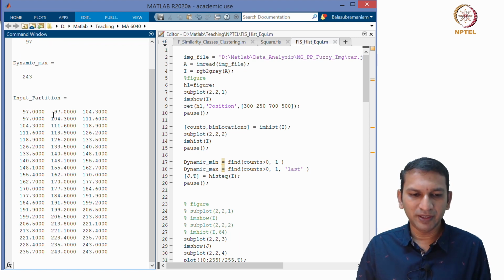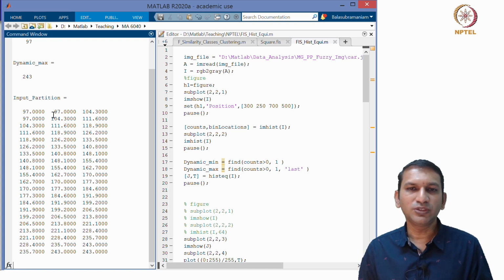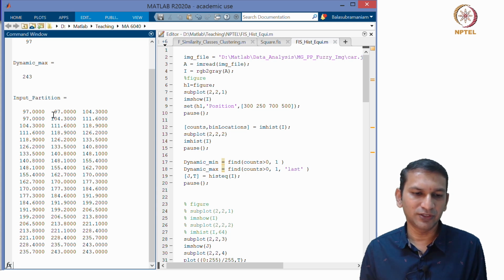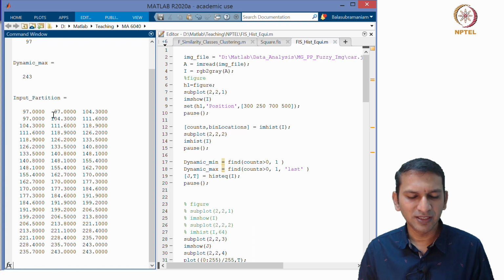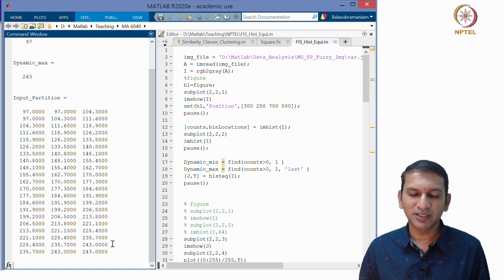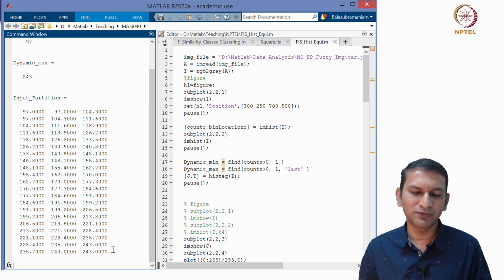In this particular implementation, what we have coded here is to use triangular fuzzy membership functions both on the input and the output domains. So you see the input partition consisting of 21 such fuzzy sets. We have taken 20 equispaced intervals between 97 and 243. So we've got 21 triangular membership functions.